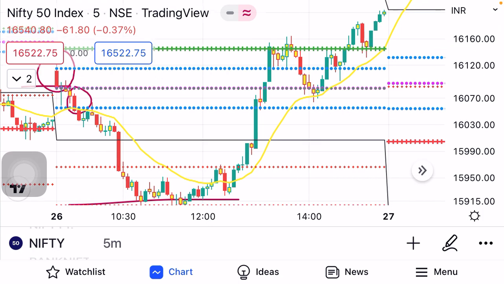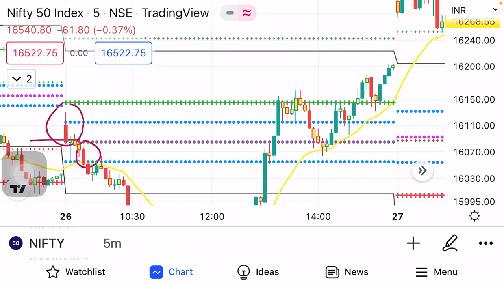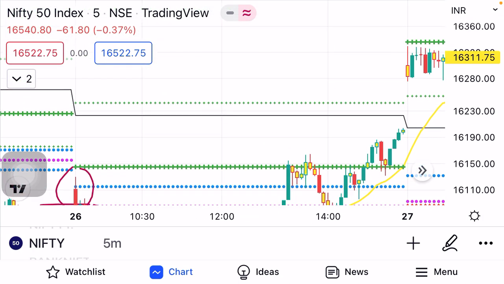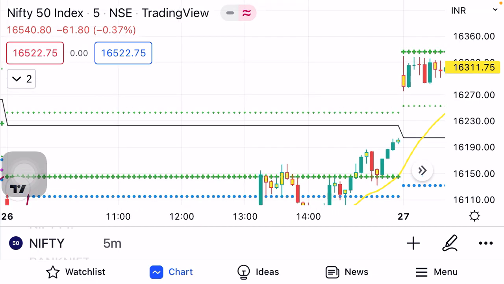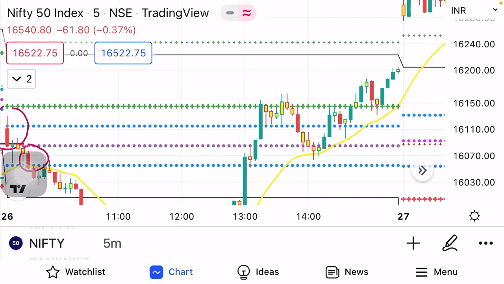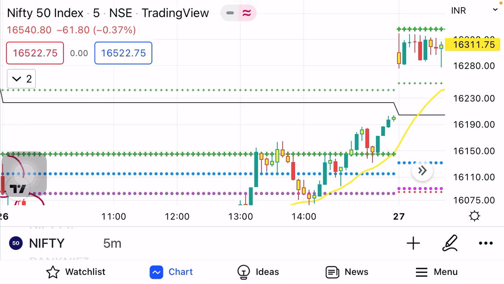It's a Friday and the CPR is outside CPR, right? Okay, the first 5 minutes candle is bearish. What we discussed on 27th, it's Friday, right? It's a gap up. See, the CPR is not indicating any direction since it is outside CPR, but the gap up is indicating that the market is bullish only.